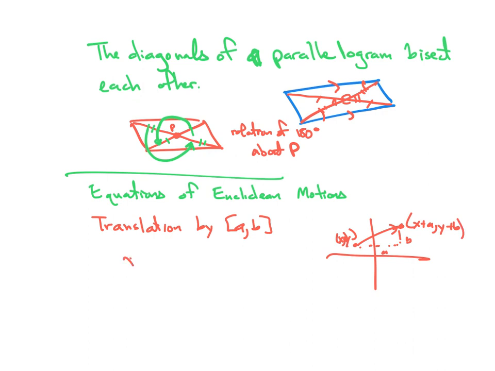So the equation here is x prime, y prime is our image. x prime is just x plus a. y prime is just y plus b. Okay, so translations, not too bad. Just adding stuff.